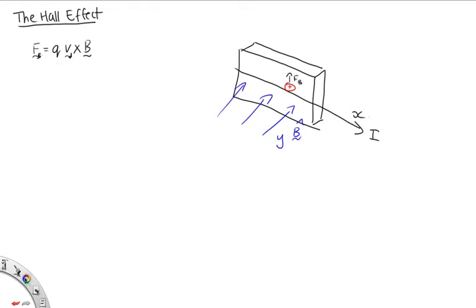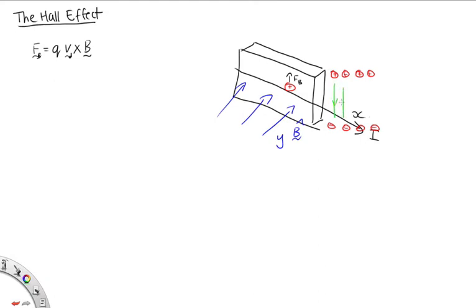So as it feels a magnetic force, it will move up to the top. We'll get a collection of positive charges up the top here, which will mean that there are associated negative charges down the bottom. So you can see this is going to generate an electric field.